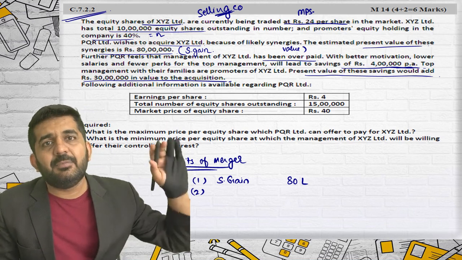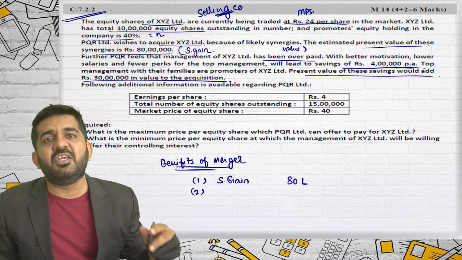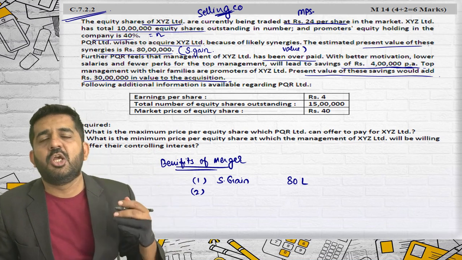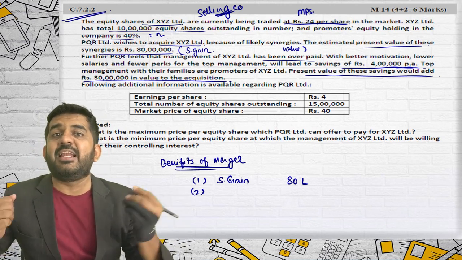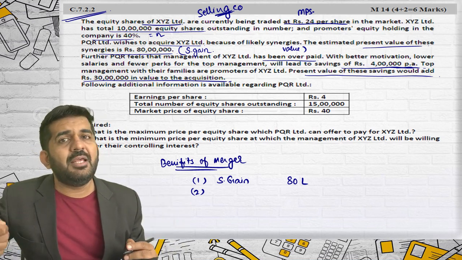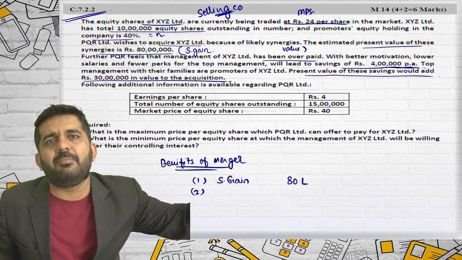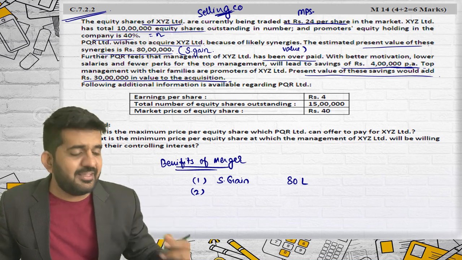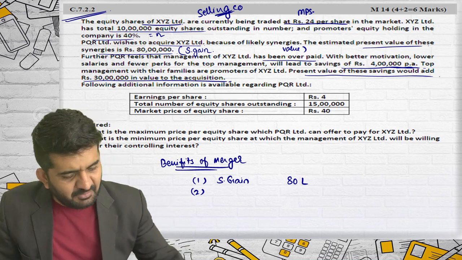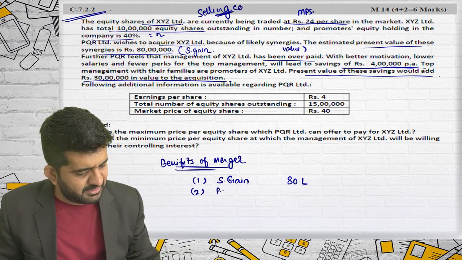You will still keep them in high posts, but you will be giving them better motivation, good perquisites, and their salary will be reduced. So ultimately your company, that is the purchasing company, will benefit because now higher level management is given less salary and there will be savings, and the present value of that savings is 30 lakh.